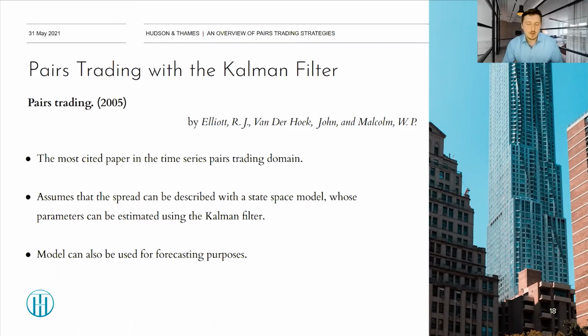As I said previously, in time series approaches we would forecast the value of the spread process, or in some cases prices or returns. Based on this forecast, we can later apply filters, and these filters allow us to generate trading signals.